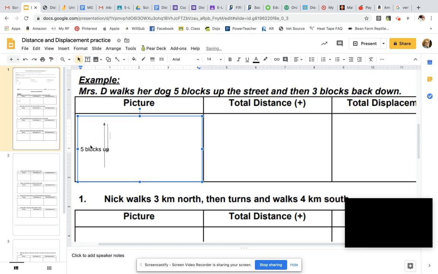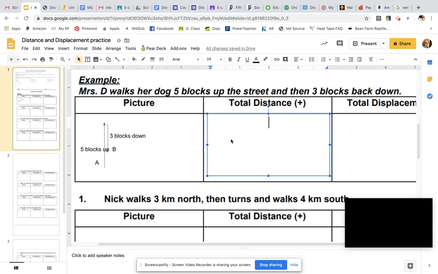This is just for you to be able to actually visualize the problem. 3 blocks down. And here we've got A. And somewhere over here is point B.